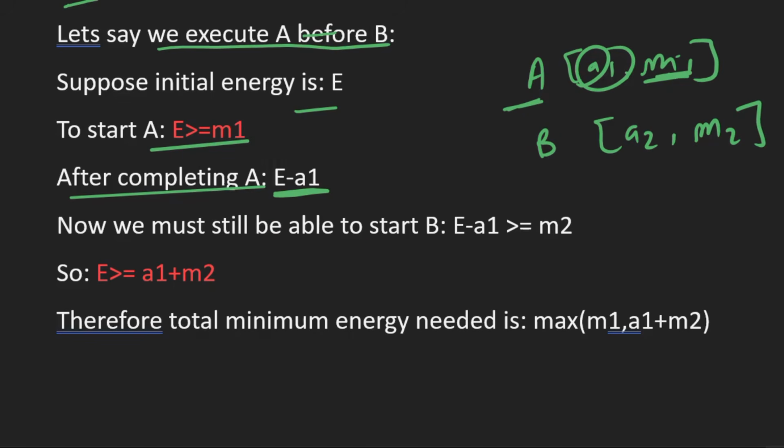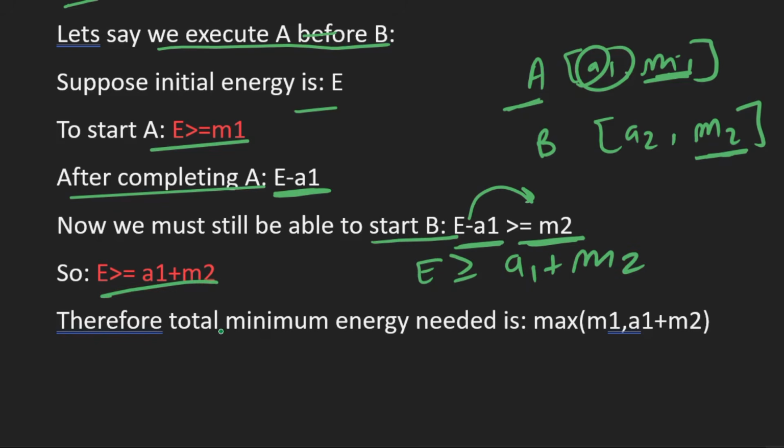Now to execute B, the energy that we have, that is E minus A1, should be greater than or equal to the minimum, that is M2. So if we shift this A1 this side, then E should be greater than or equal to A1 plus M2, right? So this is the condition.